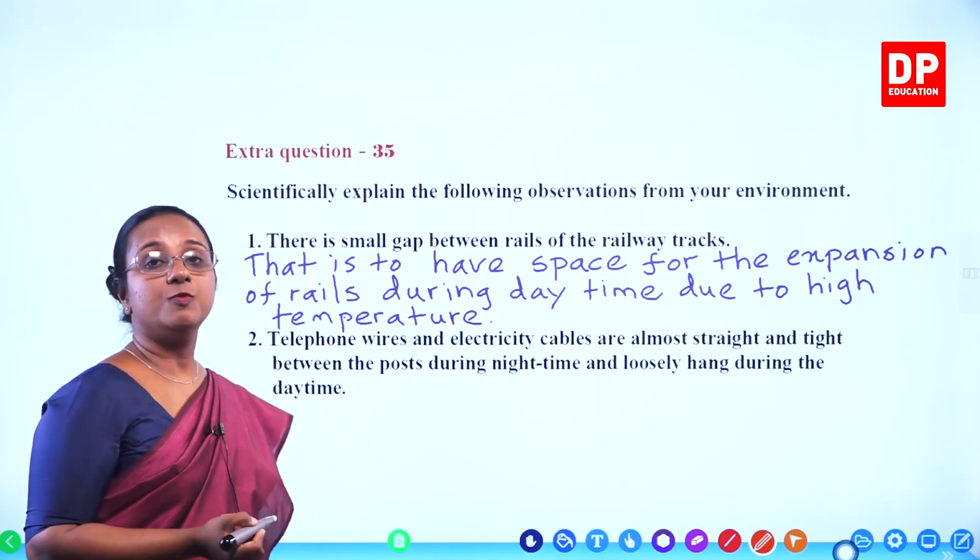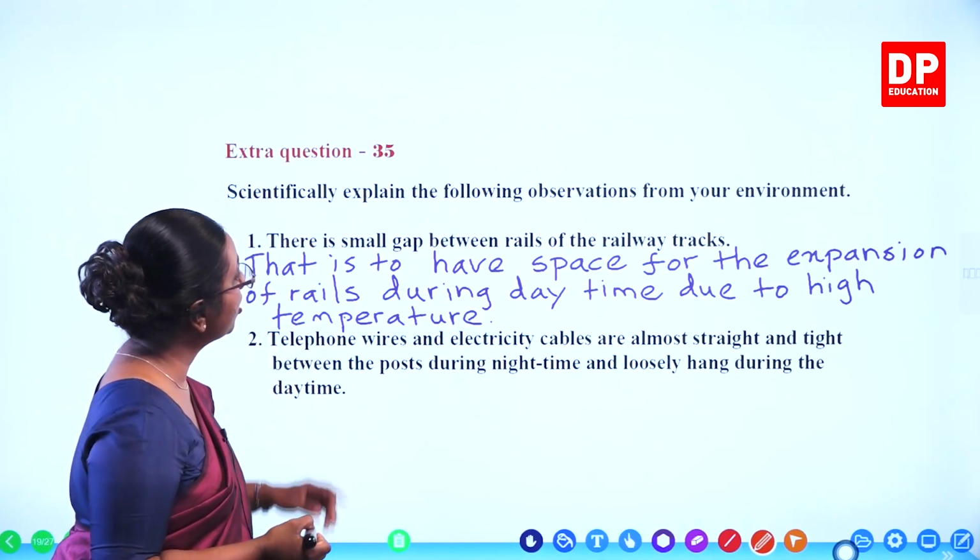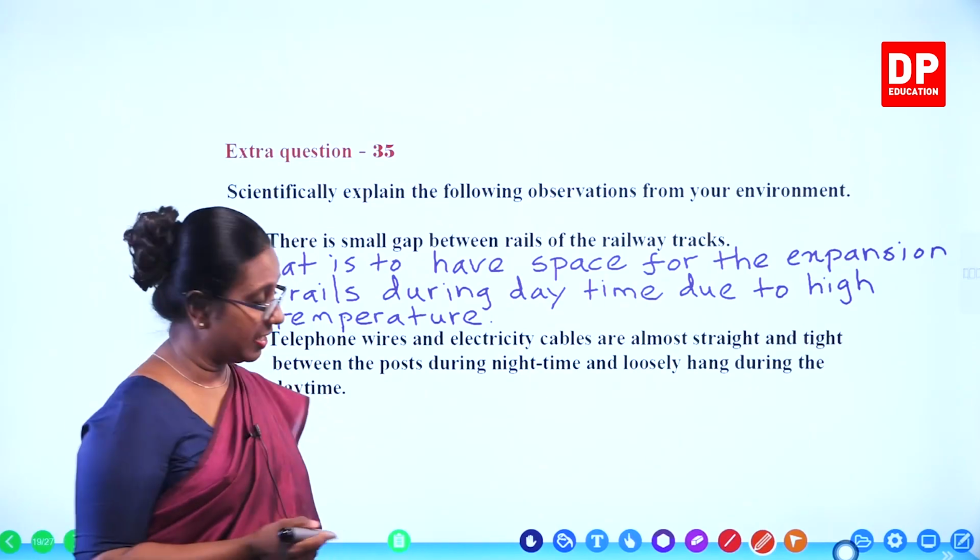That is the reason why there is a small gap between rails of the railway tracks.